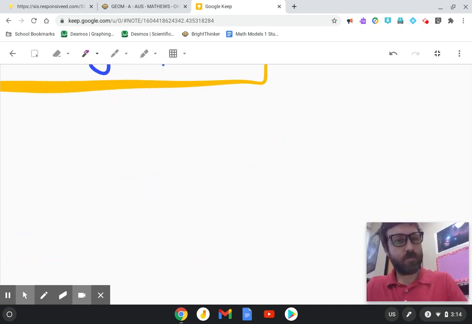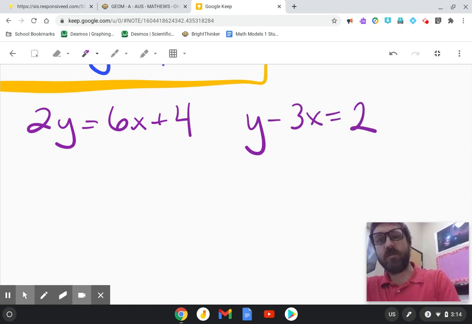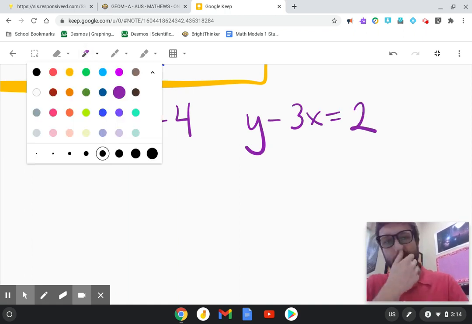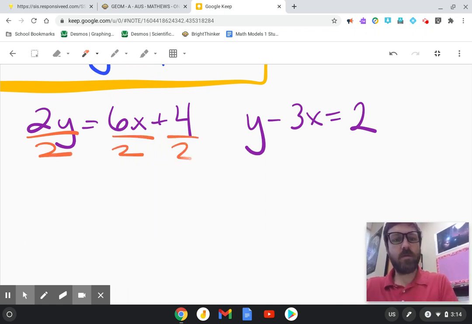All right. Here's another example. What if we had 2y equals 6x plus 4 and y minus 3x equals 2? So neither of these equations are ready to go. So we'll start with this first one. We've already got the x in the right place. So I'm going to divide everything by 2, leaving me with y equals 6 divided by 2 is 3x, 4 divided by 2 is 2.